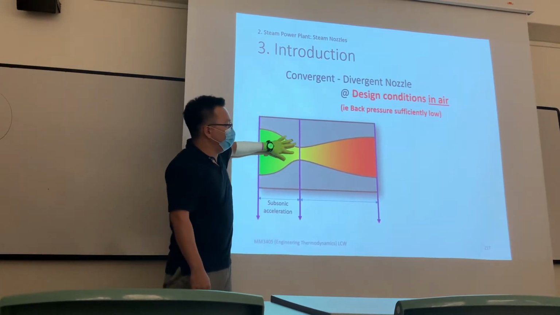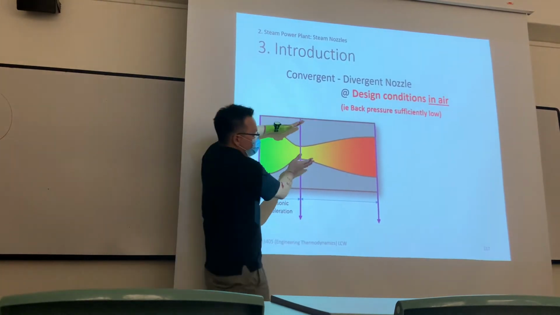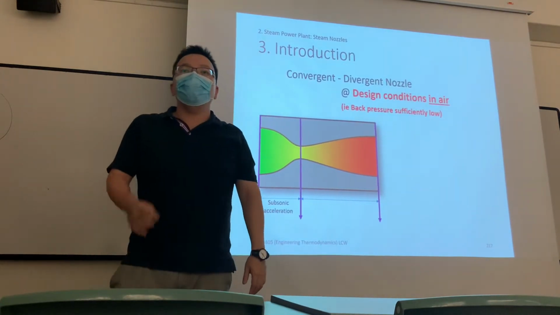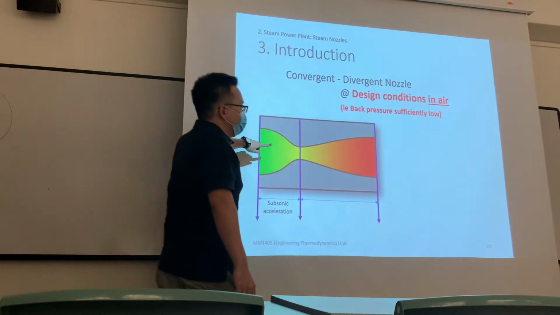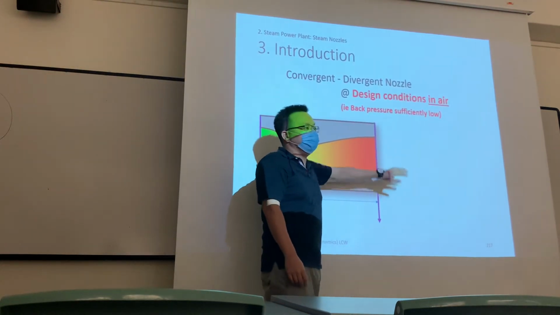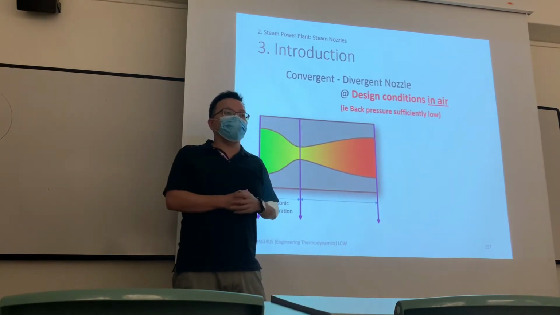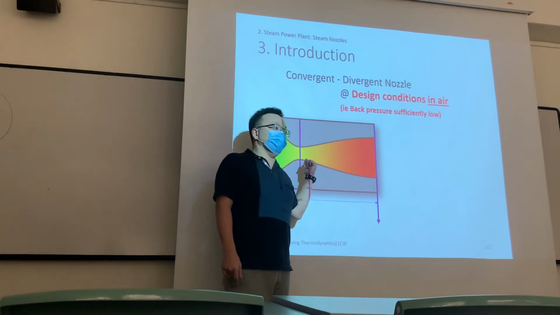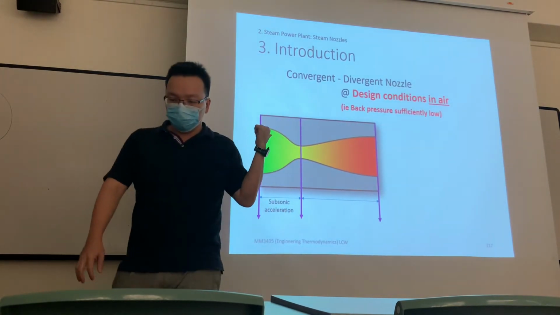The moment you hit Mach 1 and go to the divergent side, does the speed go up or down? Up. So it continues to accelerate. Here you will hit Mach 2, Mach 3, whatever, depending on how you design. Up to this point, I give you 1 minute. You observe this. Clear or not?